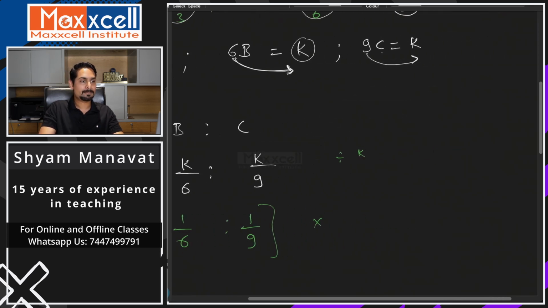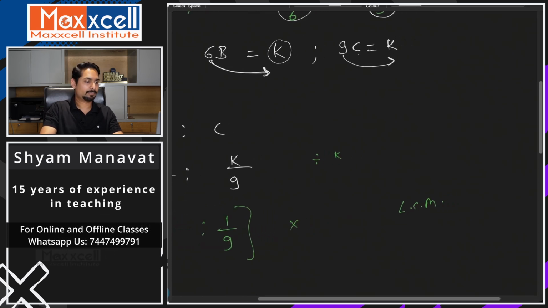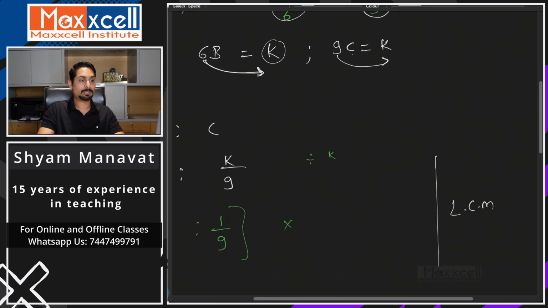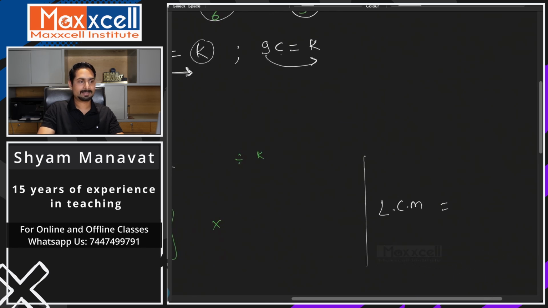Basically, we multiply by the LCM of the denominators. What are the denominators? 3, 6, 9. What will be the LCM of 3, 6, 9? That is 36, right? 36 is common between them.